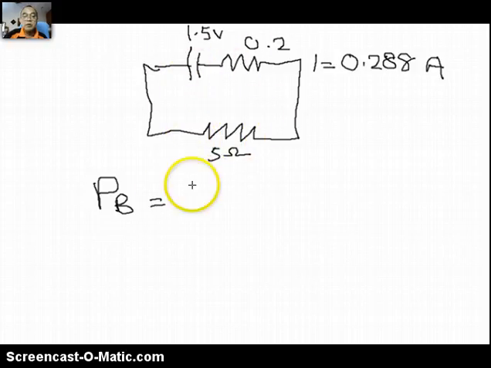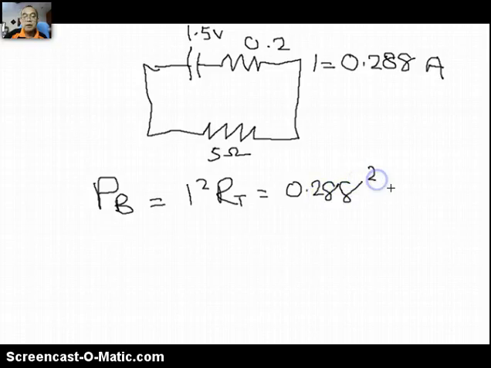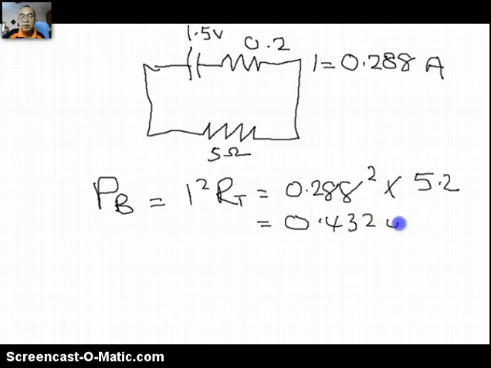So it is I squared R, where R is the total, equal to 0.288 squared times 5.2, and this is in watts. The answer you will get is 0.432 watts.